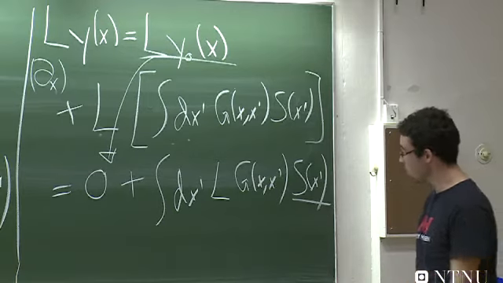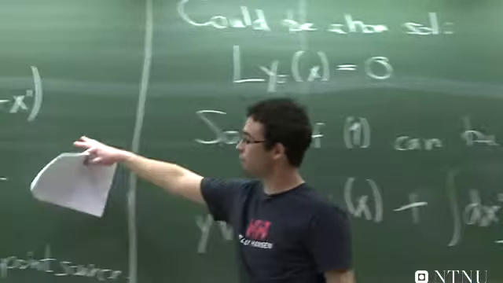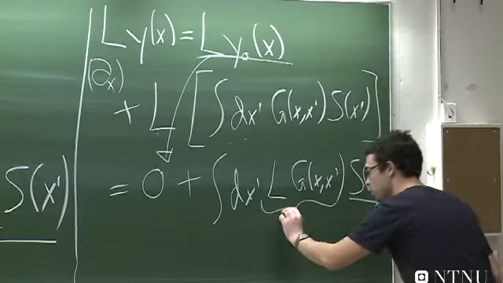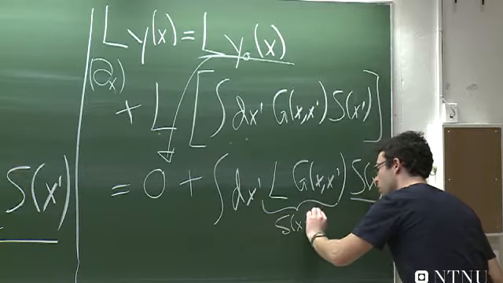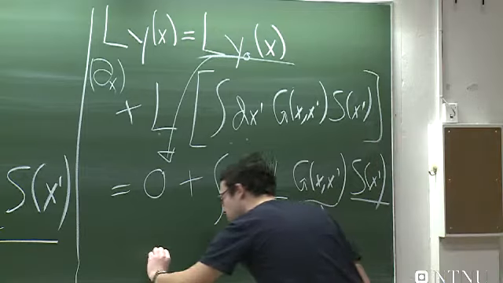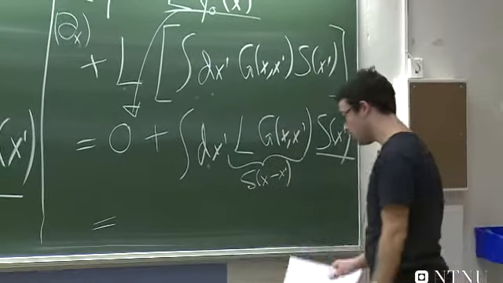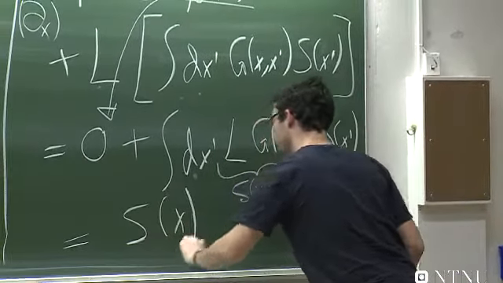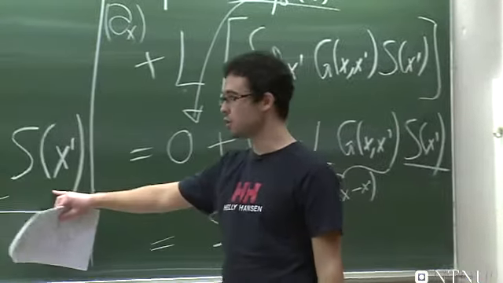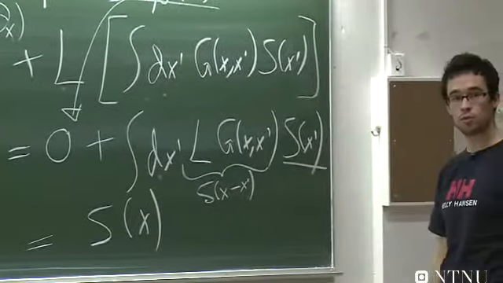So I know, because this function satisfies this defining equation here, that L operating on G will simply give me a delta function. And a delta function is really easy to integrate over. We only get a contribution when x is equal to x prime, so I get out s of x. Okay, so it's easy. Just insert the suggested solution into equation 1, and we've seen that it's a solution.